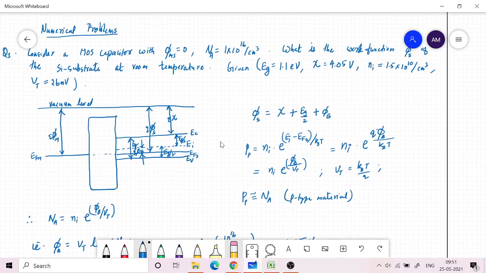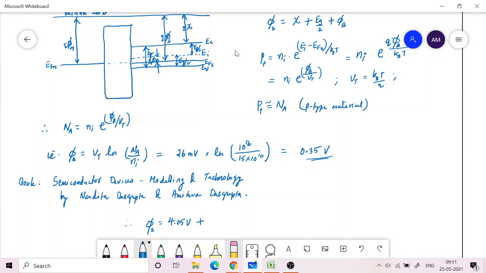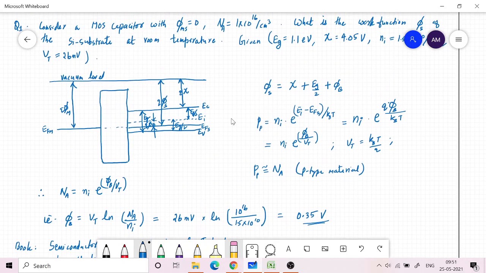How much is Eg? 1.1, so half of that is 0.55. Eg is in electron volt, so if you divide it by Q, we will get it in volt, 0.55 volt. So it should be Eg by Q here, so let me correct that.